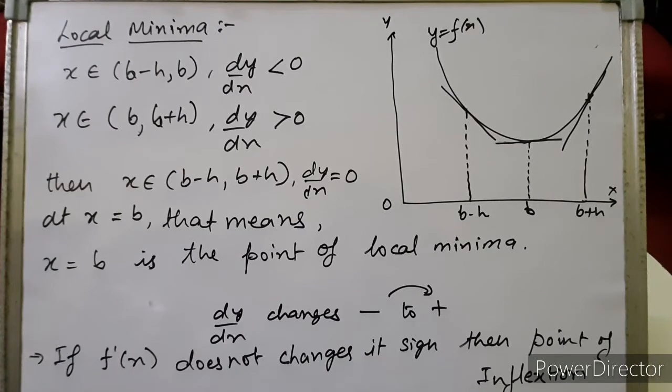When this condition arises, there is neither a maximum nor a minimum value. So we say that if f dash x does not change its sign, then there is a point of inflection. Point of inflection means we will get neither a maximum value nor a minimum value, right children? Note down this much first.